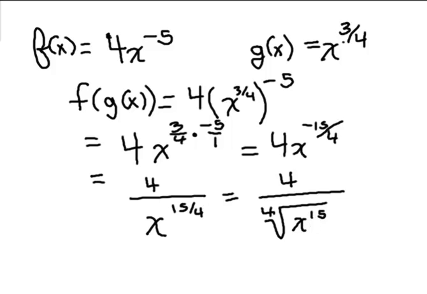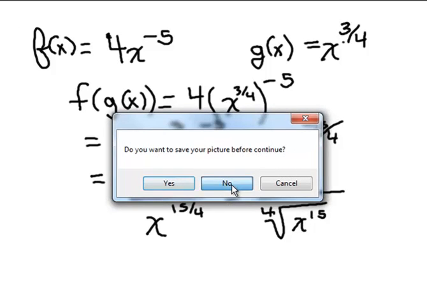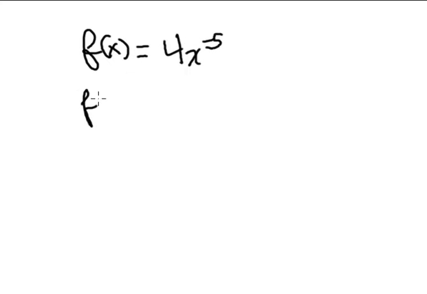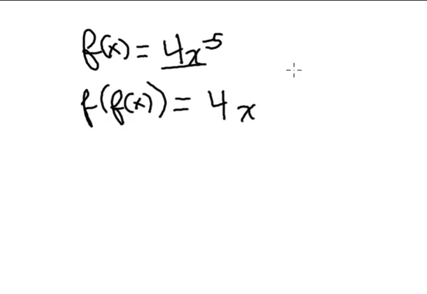Okay, let's try one more, and this will be our last one. Let's have the same f of x, so f of x equals 4x to the negative 5th, and I'm going to find f of f of x. I start by writing my outside function, which is f of x, so I'll have 4x to the negative 5, written up here to give myself enough room.